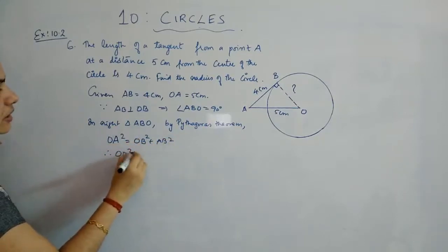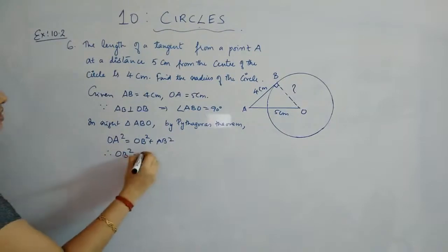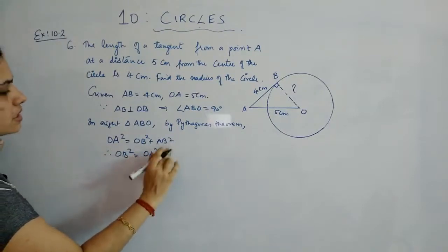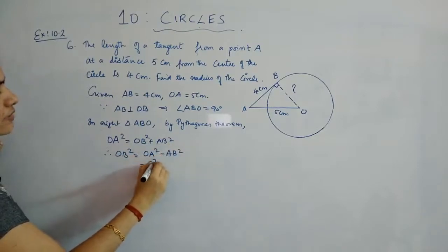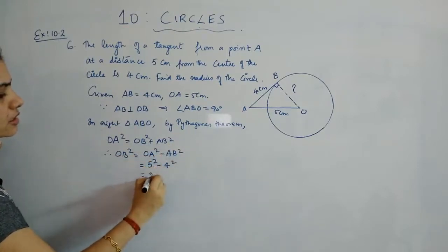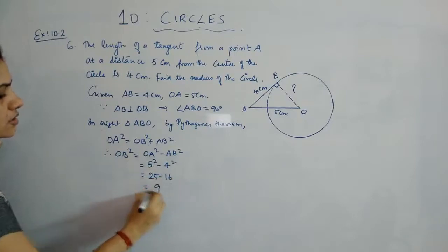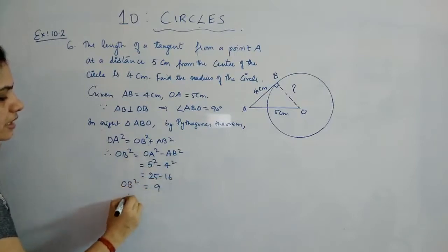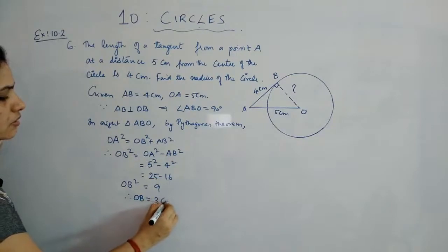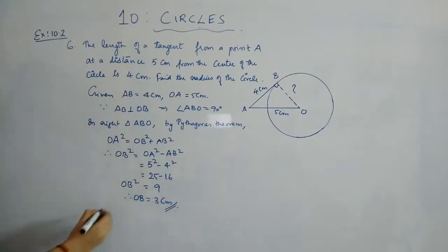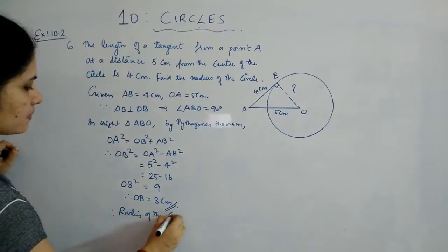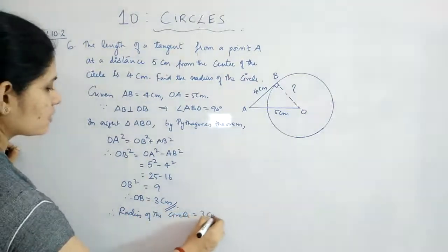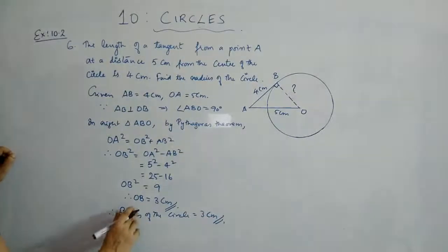Therefore, OB square is equal to, you need OB, so OB square is equal to OA square minus AB square, which is equal to 5 square minus 4 square, that is 25 minus 16, which is equal to 9. So OB square is 9, therefore OB is equal to 3 centimeters. That is, the radius of the circle is 3 centimeters. Fine.